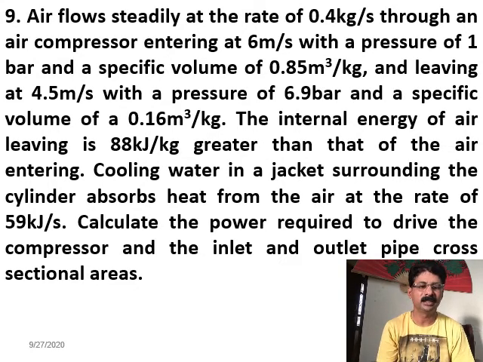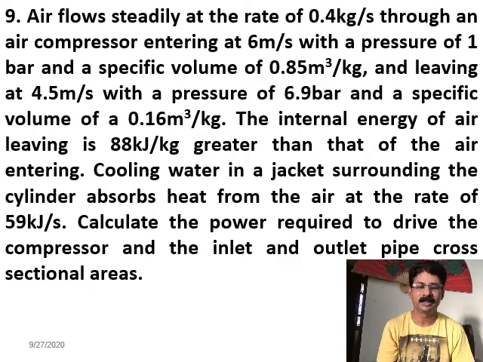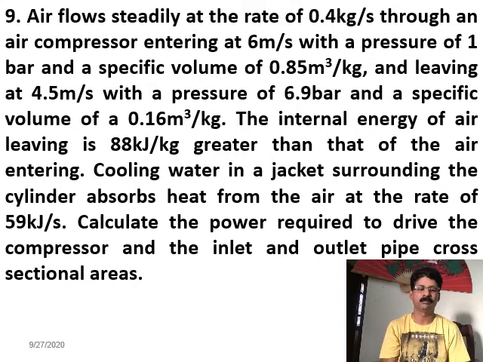The internal energy of air leaving is 88 kilojoules per kg greater than that of the air entering. Cooling water in a jacket surrounding the cylinder absorbs heat from the air at the rate of 59 kilojoules per second. Calculate the power required to drive the compressor and the inlet and outlet pipe cross-sectional areas.